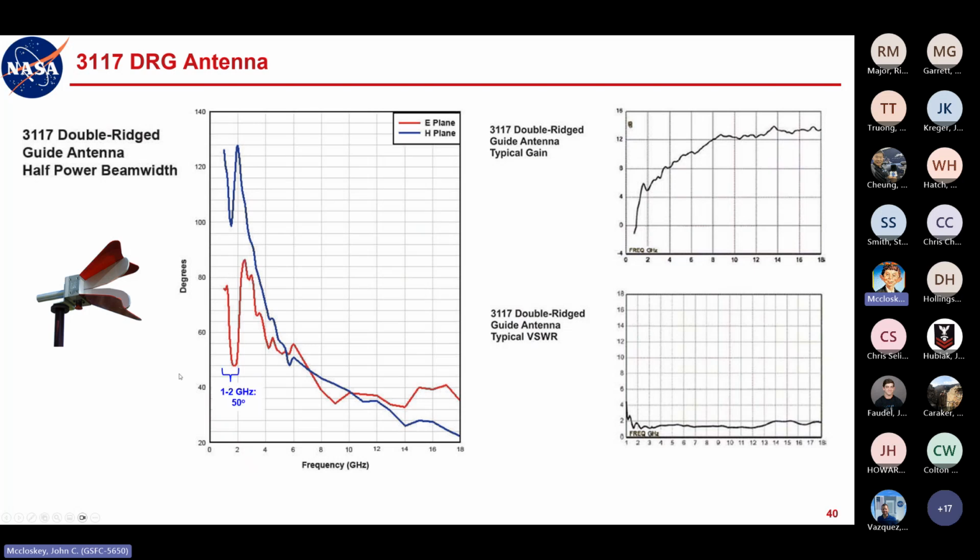If we look at the different frequency ranges here, in the 1 to 2 gigahertz range, our beam width is 50 degrees. 2 to 4, it's actually a little bit larger, about 60 degrees. 4 to 8, it goes down to about 40 degrees, and then from 8 to 18, that's where our worst case is, the 22 degrees.